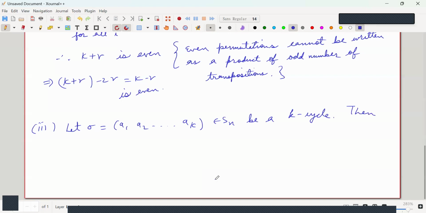Then sigma is equal to (AK A1)(AK A1 AK minus 1)... and (A1 A2), right? So it is true.